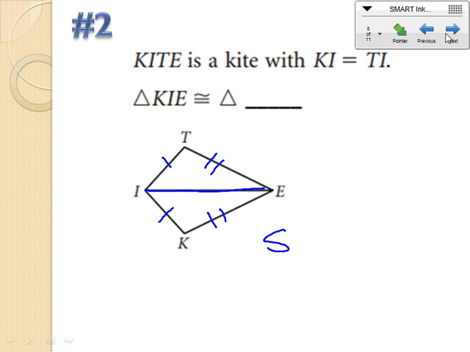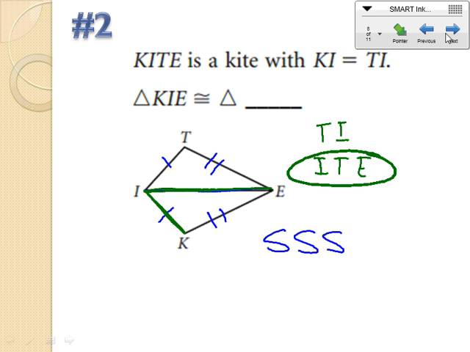So we know that these two triangles are congruent by side, side, side. So again, we want to make sure we get our letters in the right order. So we say KI, that's the side that hits that one notation mark. So we're looking at either TI or IT. The next side is the side they share, which is IE. So I need KIE is congruent to TIE.